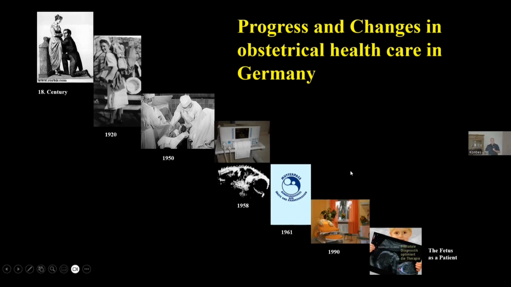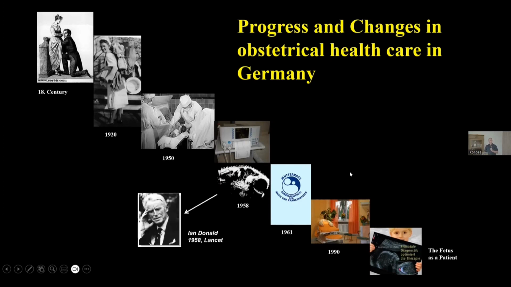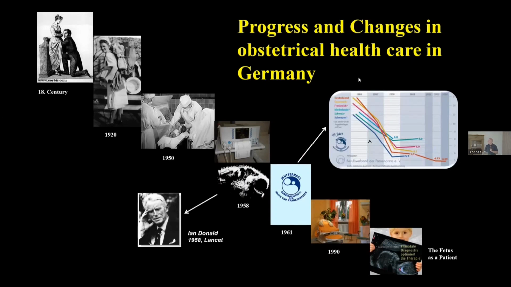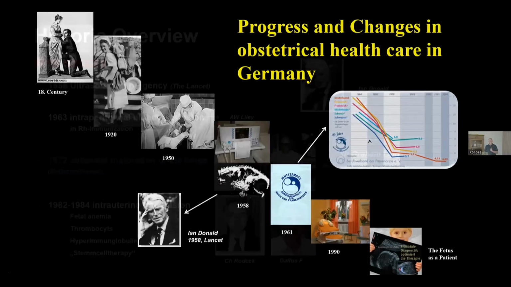So what is happening there? We have the chance to get a diagnosis and try to treat the fetus inside. But the first thing is that we try to optimize perinatal management. This leads to an extreme decrease in perinatal mortality and morbidity, both for the mother as well as for the fetus.